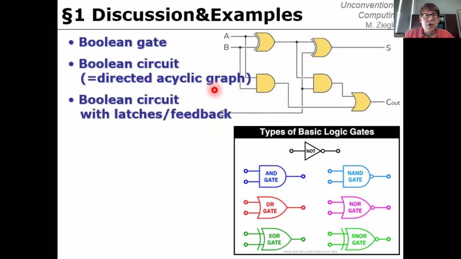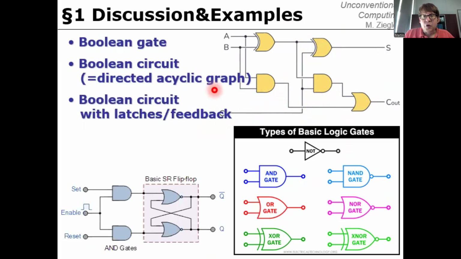On the other hand, with loops, we can store a bit. We discussed this. This is an example of a static memory bit, storing 1 bit of memory.